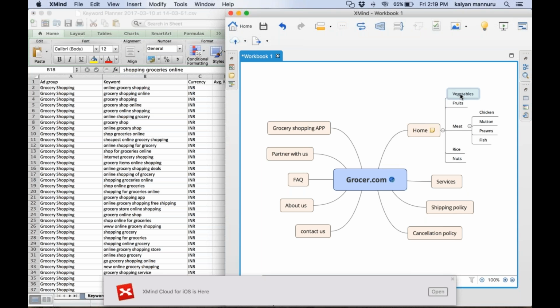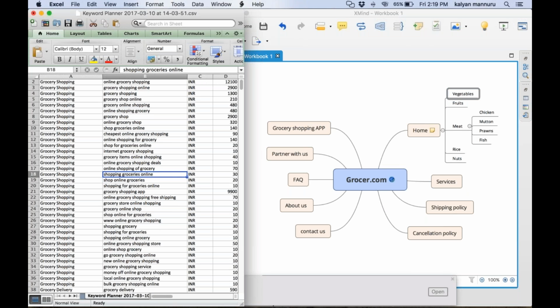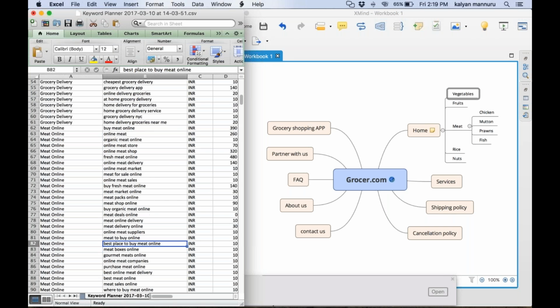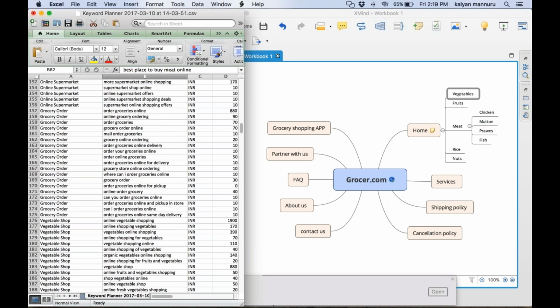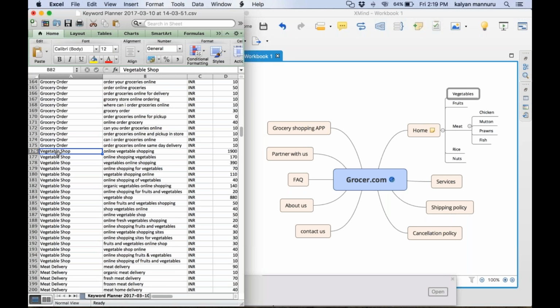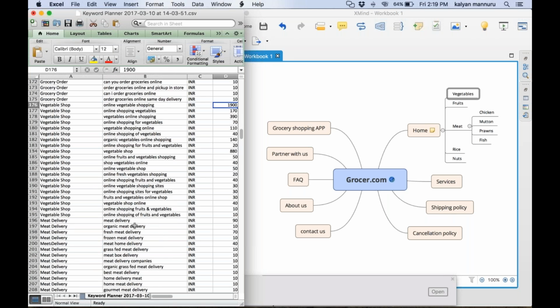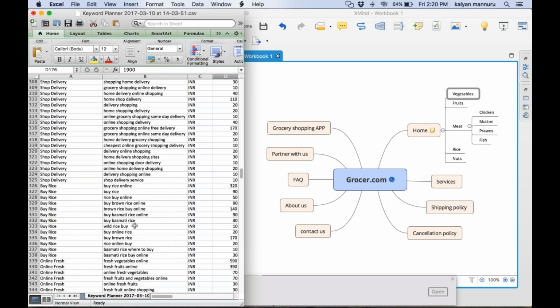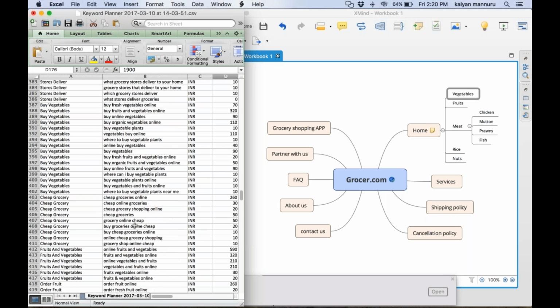Now let's move on to the first category that we have here, that is vegetables. So scroll down and figure out your actual search terms report. Find where the vegetables are. So here it is, vegetable shop or online vegetable shopping has 1900 searches. That is good. Let me scroll down more and find if there are any more vegetable related searches.